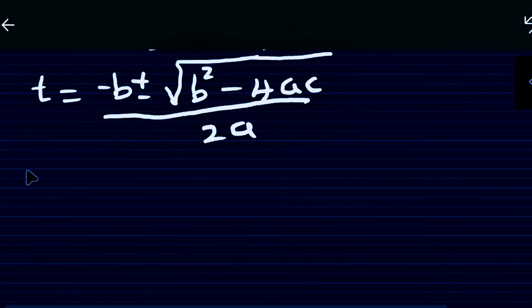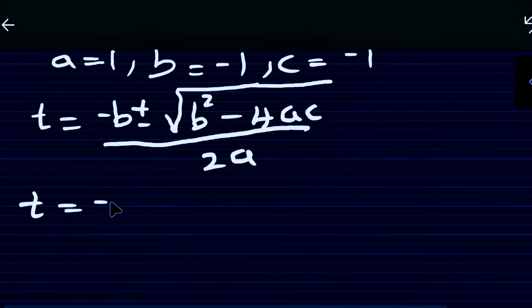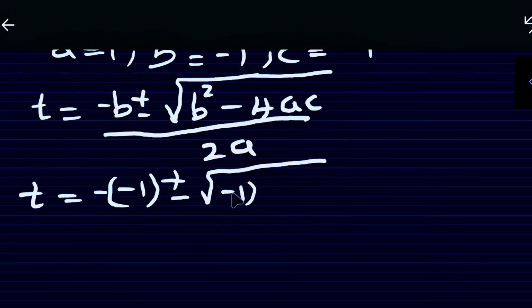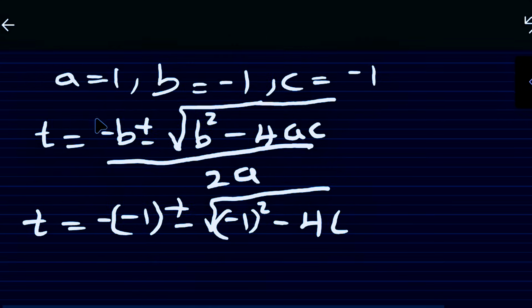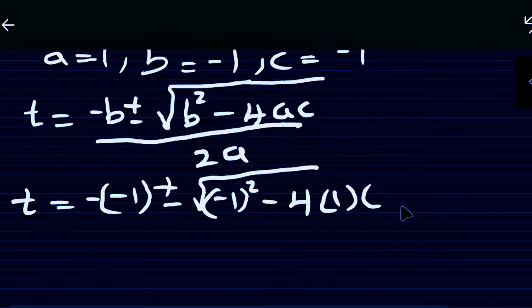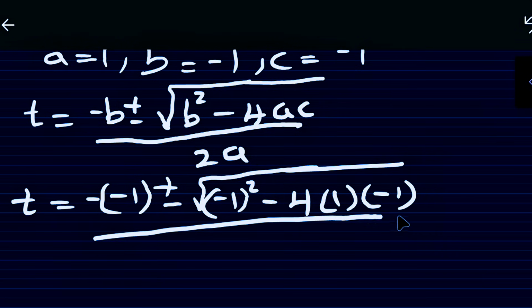Okay, so from here, t will be equal to minus, remember that b is minus 1, so we are going to have minus minus 1, then plus or minus square root of b squared, that is minus 1 squared, then minus 4, open parenthesis, a is positive 1, and c is negative 1, so we have negative 1 here. Then everything will be divided by 2 times 1, which is a.